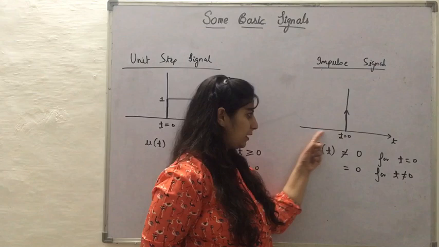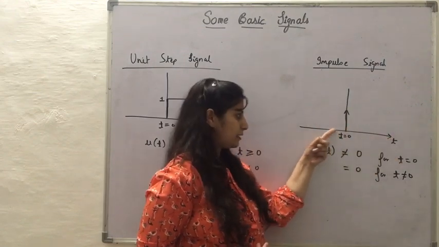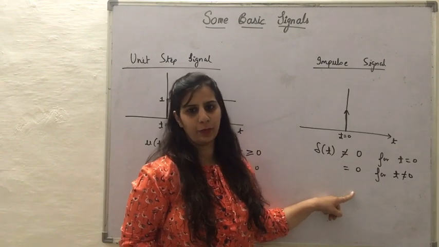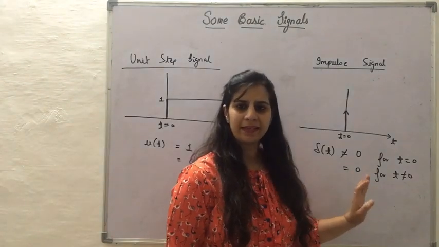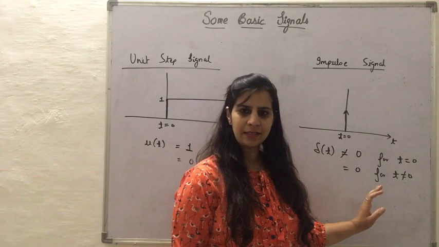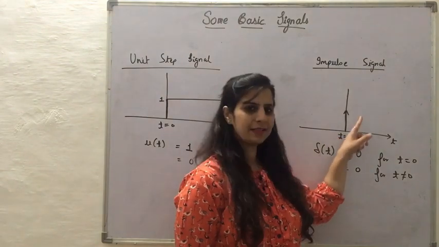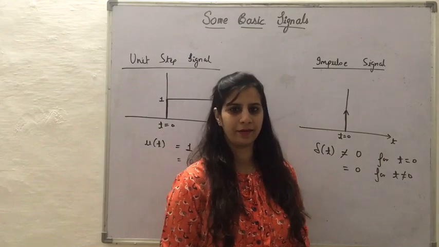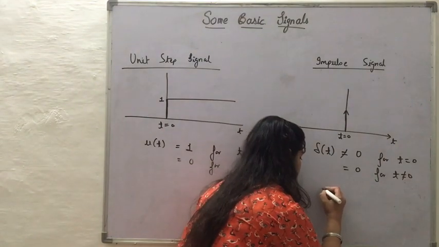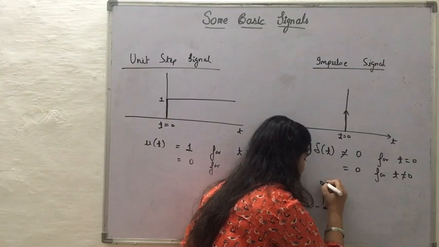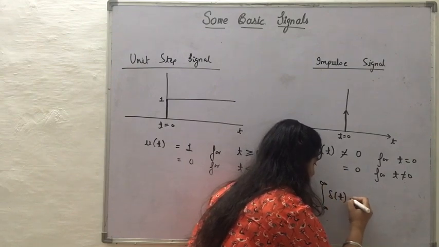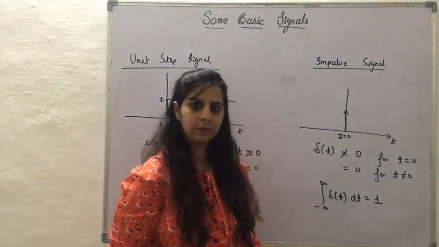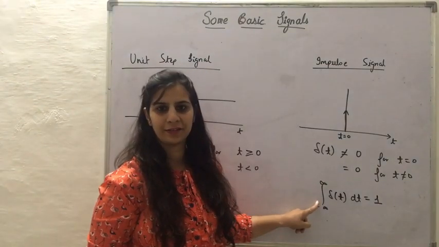That means wherever t is not equal to 0, at this place and at this place, the value of this signal is 0. The important property related to the impulse signal is that the integration of this signal over the complete time duration is equal to 1. So this is the important relation.